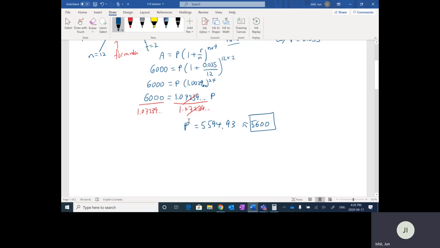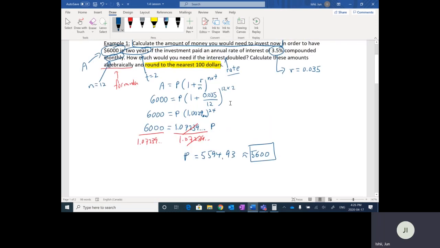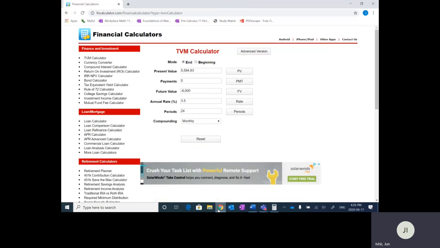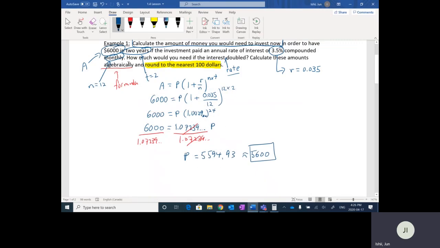Okay, so anyways, that's doing this work here and using the TVM solver to check it. All right. Now the second part of this is, how much would you need if the interest rate was doubled?